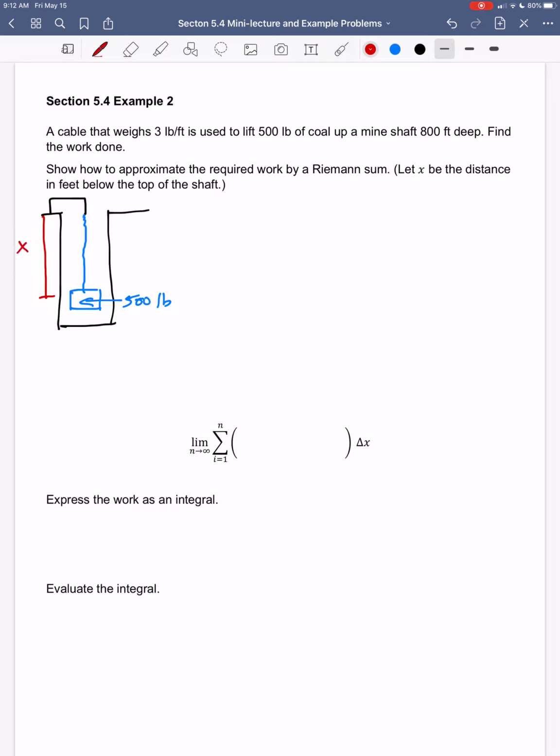I'm going to call that x sub i star. Right? That's a little distance. And then what I've got here somewhere, I'm going to move that coal up a distance delta x. So the x sub i star is how far down the shaft I am. I need to know what f of x sub i star is.